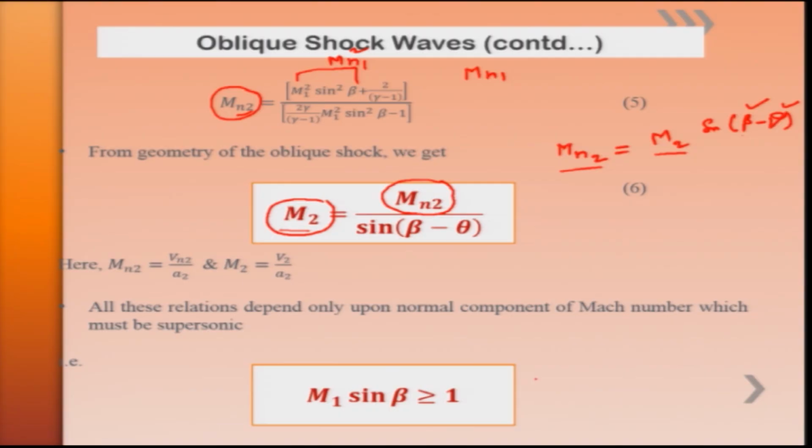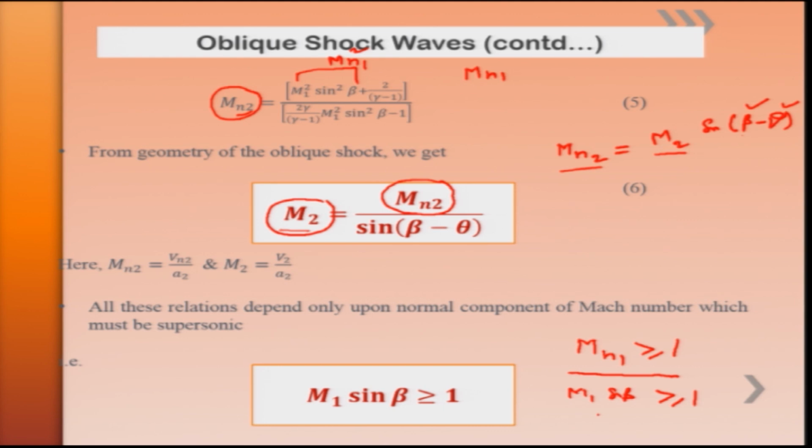these complex relationships. However, one more thing we see here, since we have resolved the oblique shock and derived this expression using Mn1, Mn1 must also be greater than 1, and since Mn1 can be written as M1 sin beta, M1 sin beta should also be greater than 1.